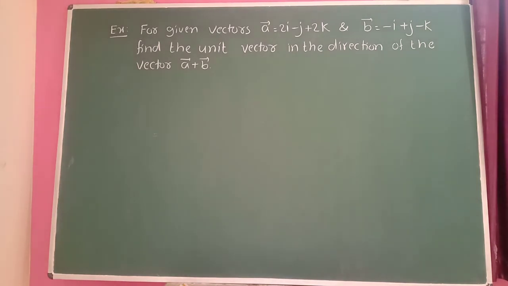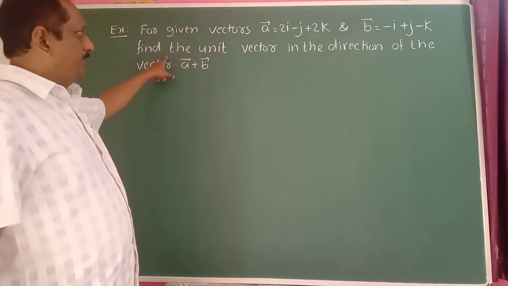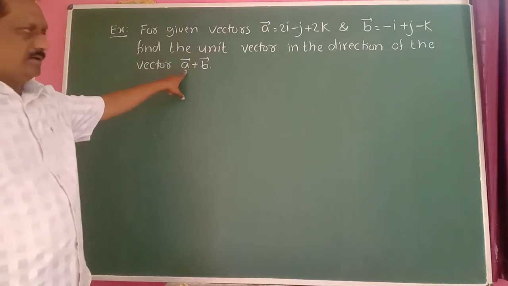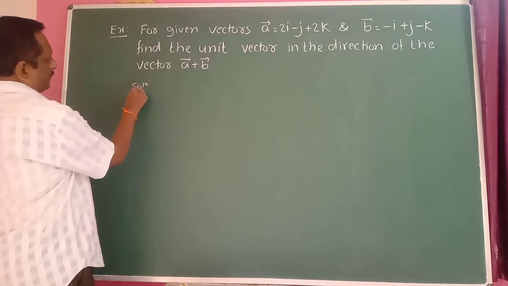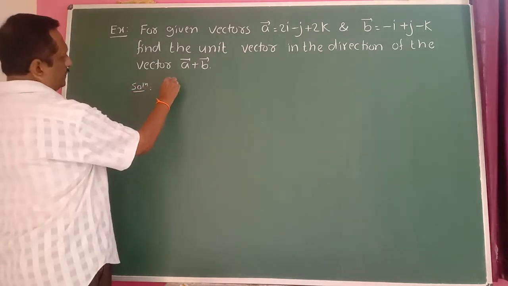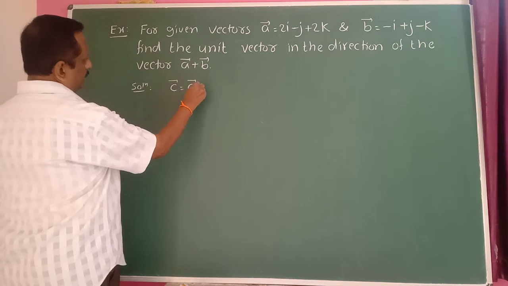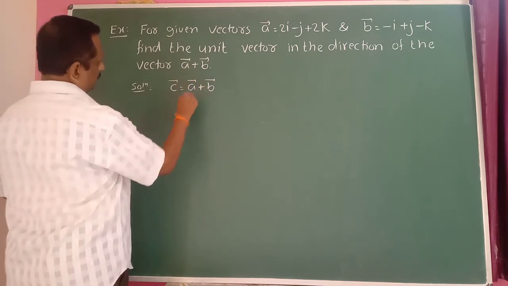So just take a previous example. They gave two vectors A bar and B bar. Then find the unit vector in the direction of the vector A bar plus B bar. Therefore, take a solution. Consider the vector C bar as A bar plus B bar.